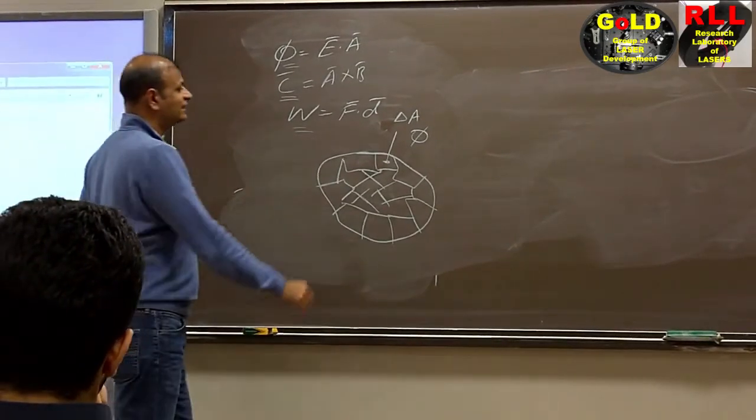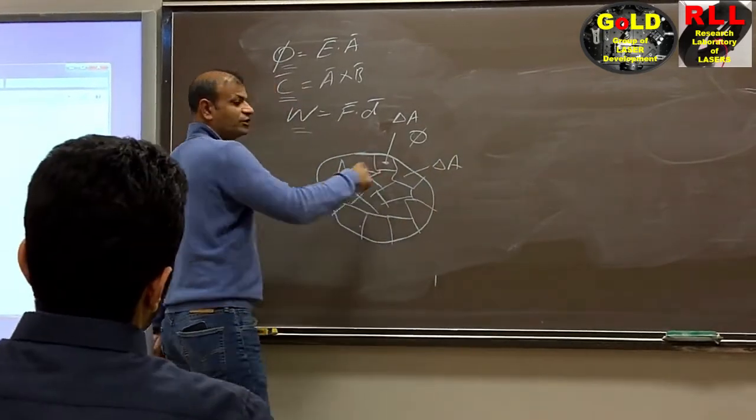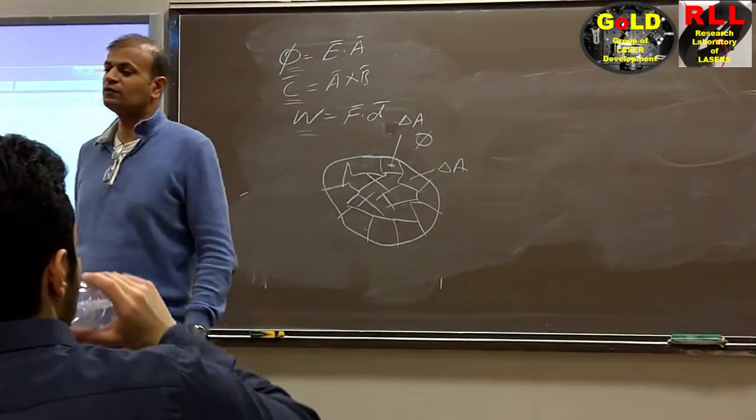In this case, the areas are delta A1, A2, 1, 2, 3, 4, 5, 6, 7, whatever it is.